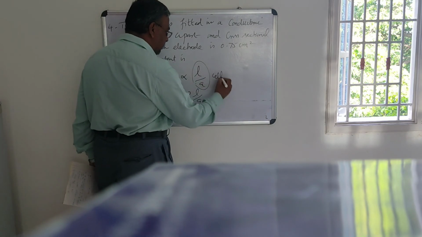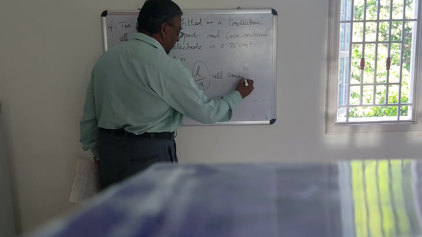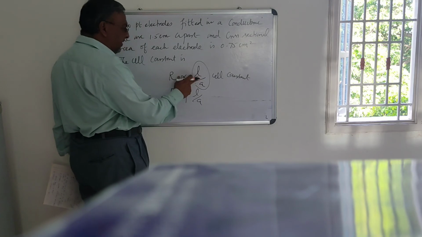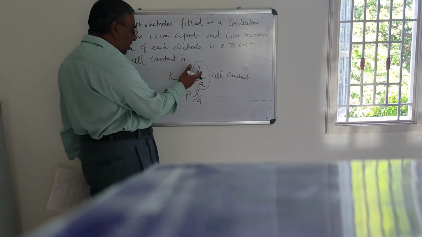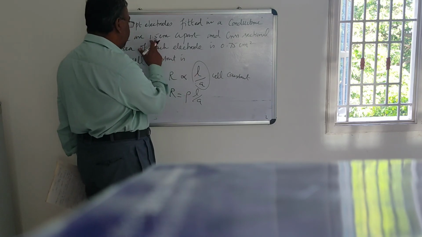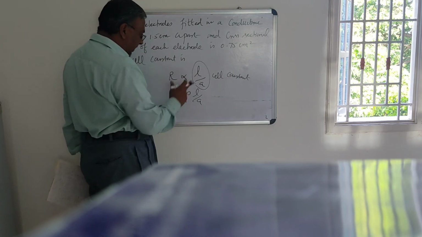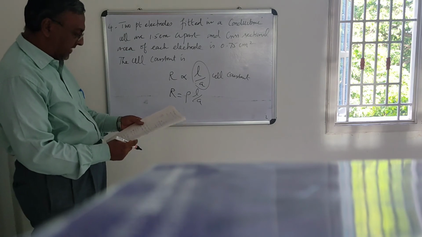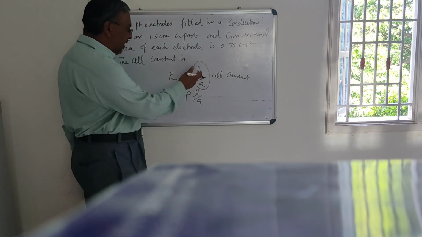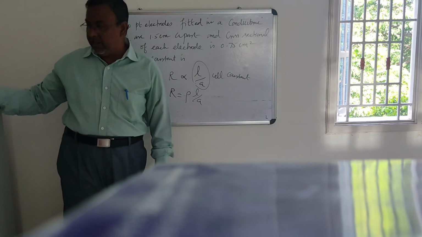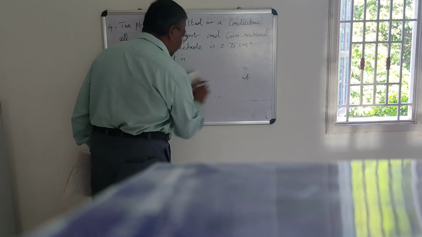This L by A is called cell constant, because the length between the two electrodes always remains constant for a given cell, that is 1.5 centimeter, and A is the area of cross section. Therefore, we substitute the values of length and area of cross section to find the value of cell constant.